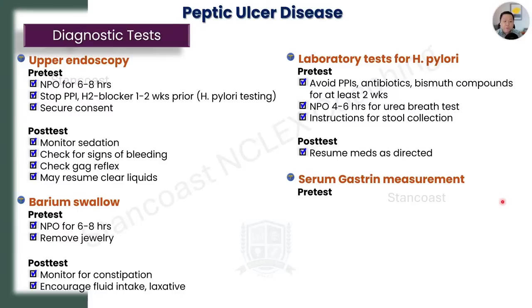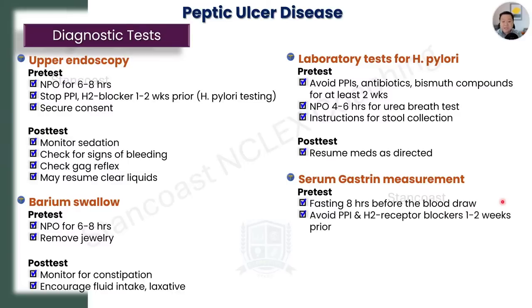And when we are going to place a patient into this kind of testing, the patient should fast for at least 8 hours before the blood draw, and refrain from taking any medications such as the PPIs, H2 receptor blockers, for at least 1 to 2 weeks before the testing, if possible, because these can artificially elevate the gastrin levels.